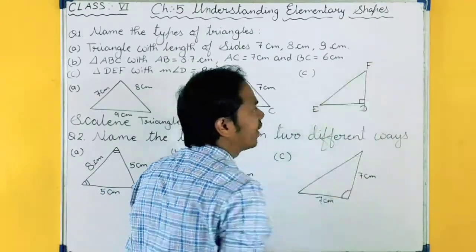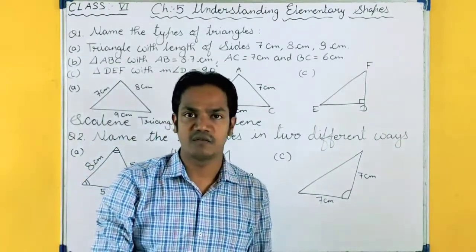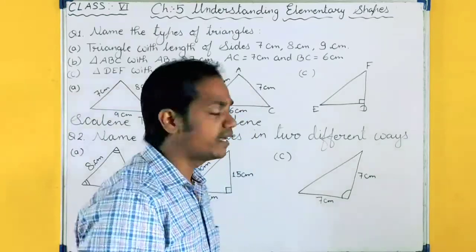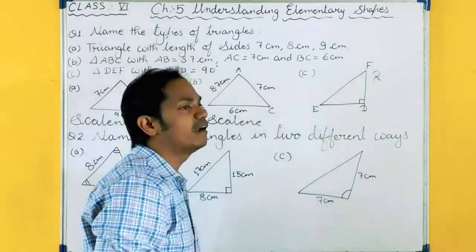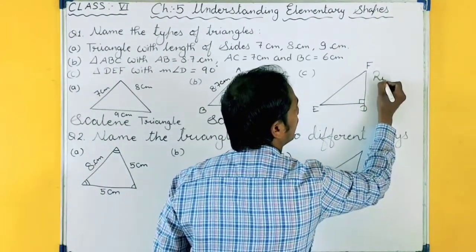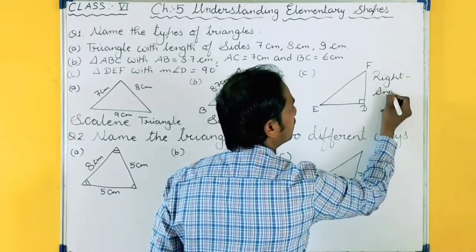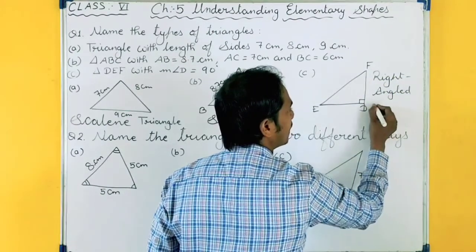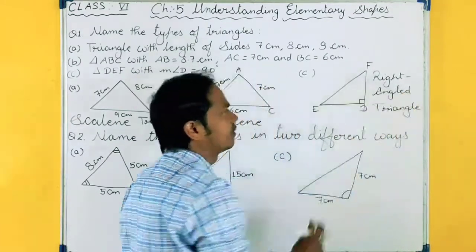When any one angle of a triangle is 90 degree, then it is called a right angled triangle. This is a right angled triangle.